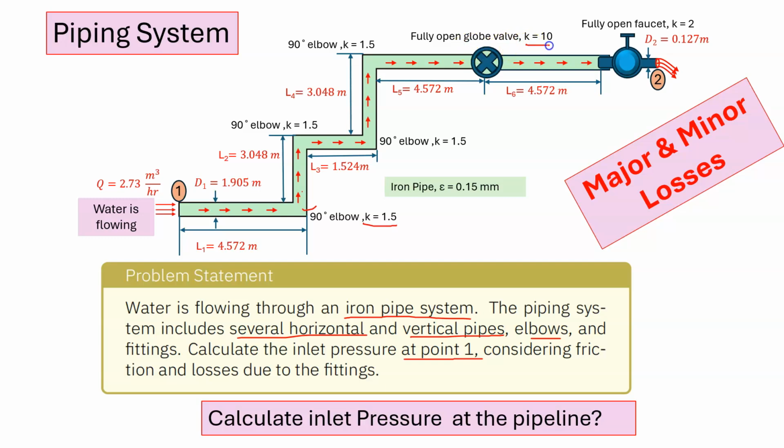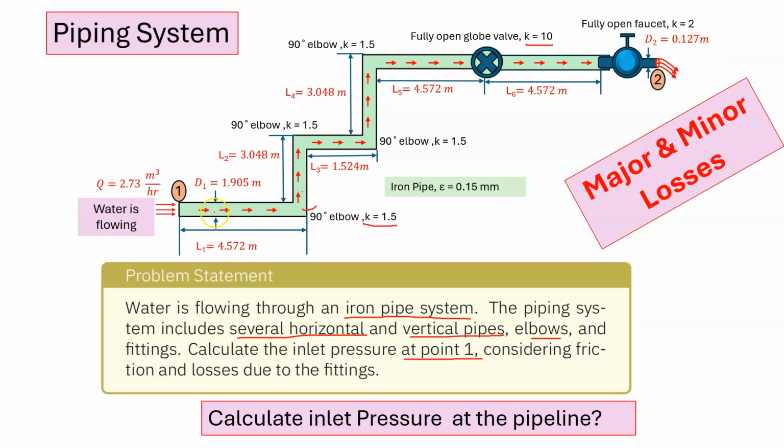Here loss coefficient K is equal to 10, and then another horizontal piping section, length 4.572, is connected, and finally one fully open faucet with loss coefficient K equal to 2 is connected with the pipeline, and the outlet diameter of the faucet is 0.127 meter.